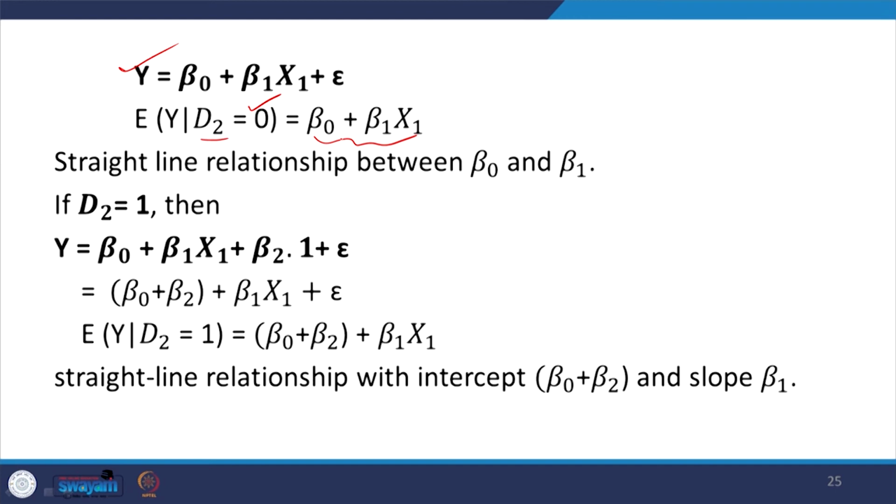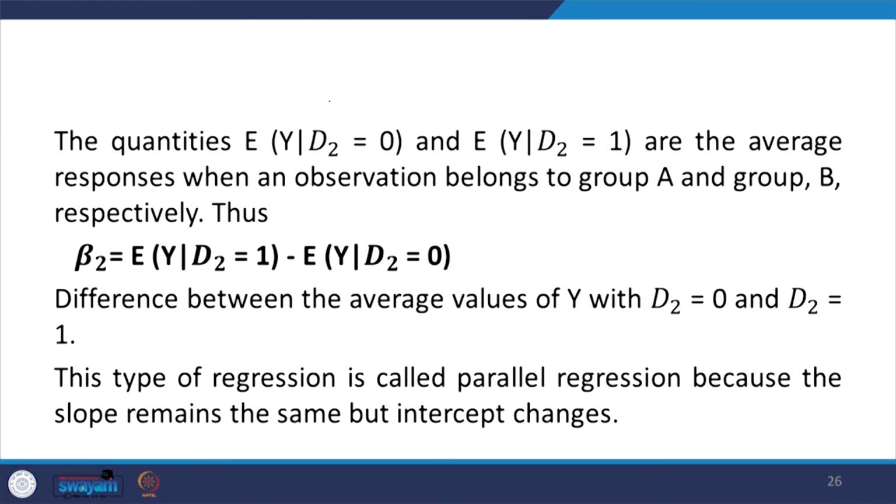If it is 1, there still exists a linear relationship, but the only difference is that our intercept is increased by beta 2, while the slope remains constant. That is the difference when we go by a dummy variable model.